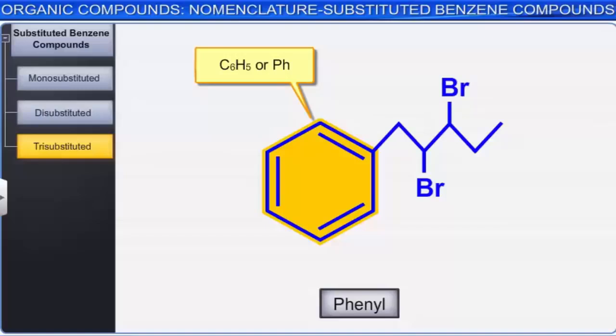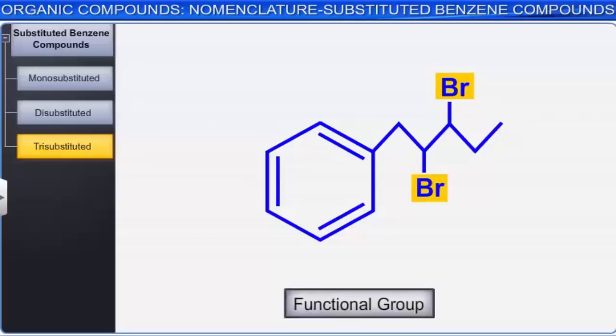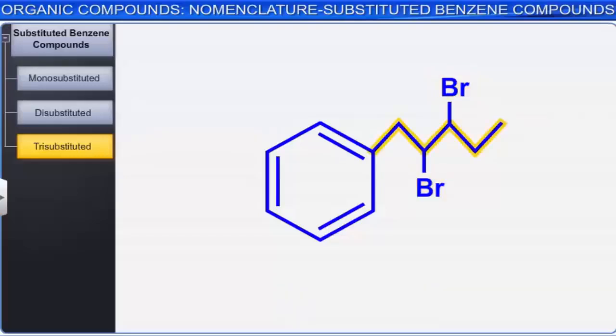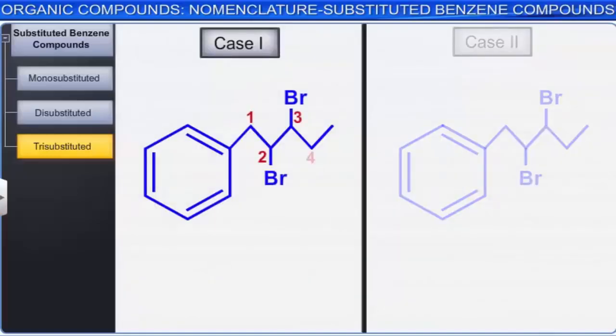The 2 bromine atoms act as the functional groups. The alkane is numbered as per the lowest number rule. In case 1, the carbon atoms are numbered from left to right. As a result, the substituent and the functional groups are assigned the positions 1, 2, and 3.